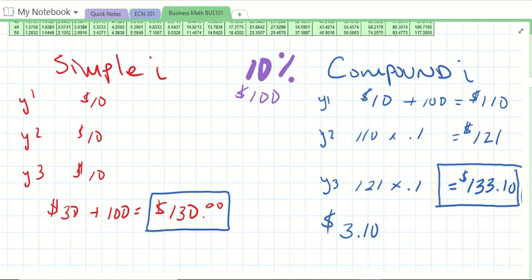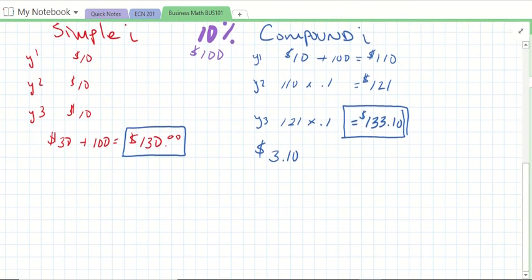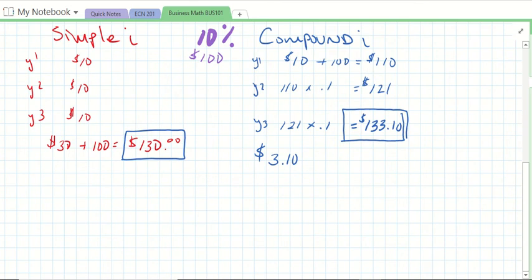If we were to do the math over 3 years, you might think, well, $3.10 is really not worth it. What do I care? Well, let's take a look at $100. And how do we do this math? Let's imagine it's for 30 years.